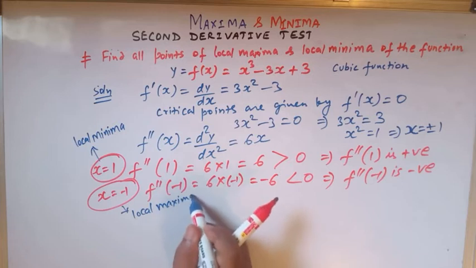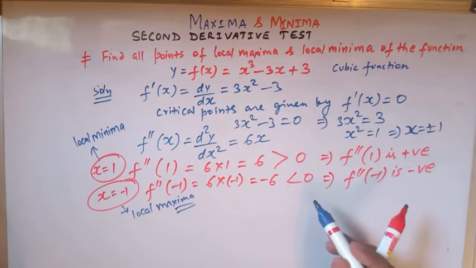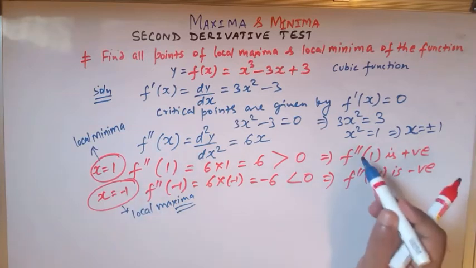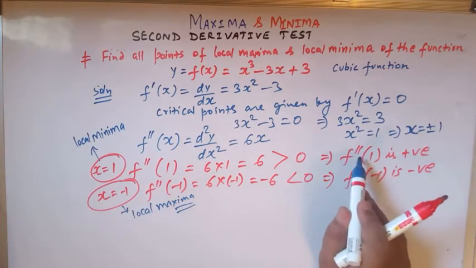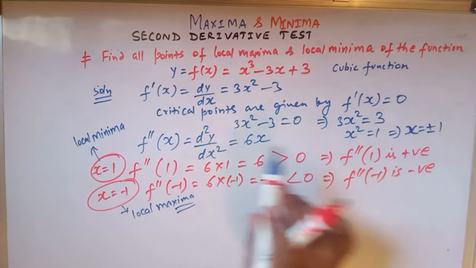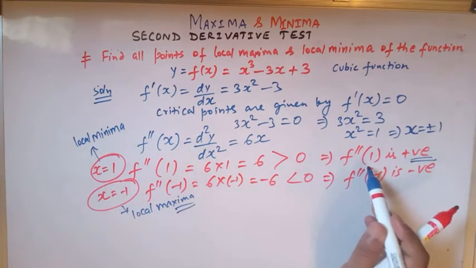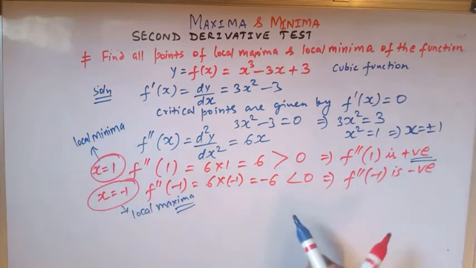Why? Because the second derivative test states that if the value of the second derivative at the critical point is positive, then that point is a point of local minima.